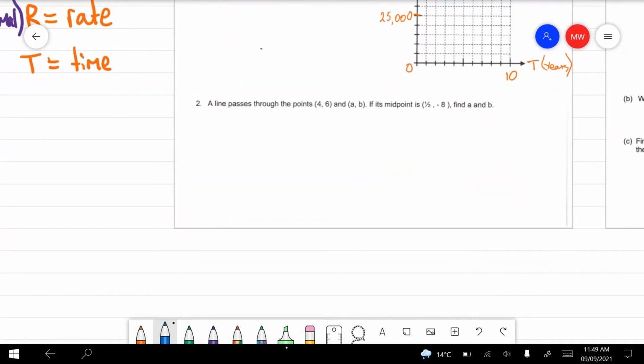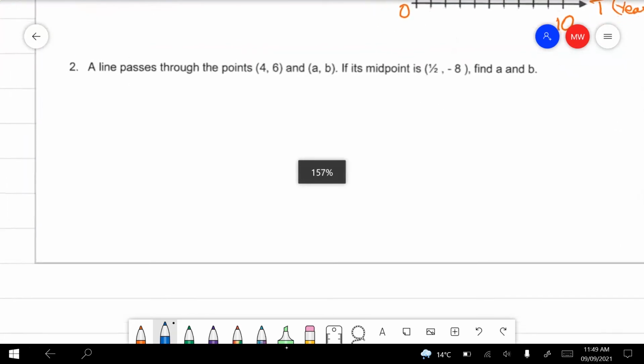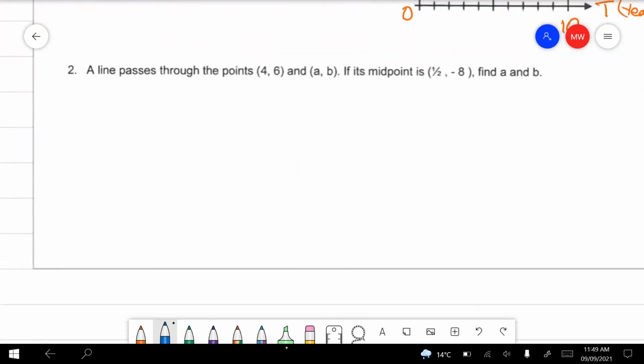All right, something slightly different now. We might need to add a few more formulas to our list at the start. So this one we're trying to find the midpoint. So we want to find halfway between 2 points. The problem is this time we've got some letters in there as well.